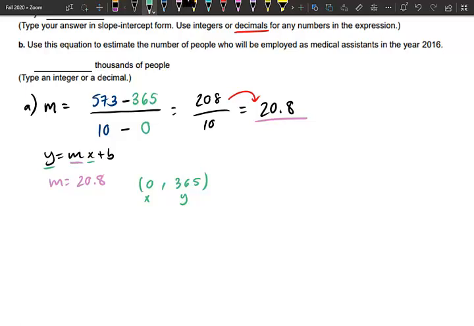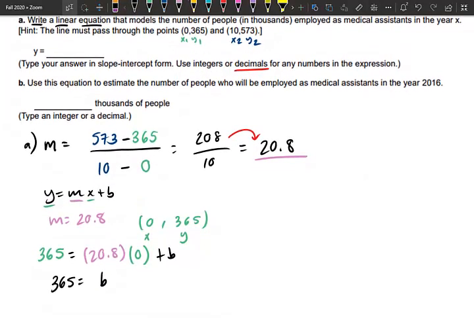So we have y, which is 365, equals m, which is 20.8, times x, which is 0, plus b. 20.8 times 0 is 0, so we have 365 equals b.